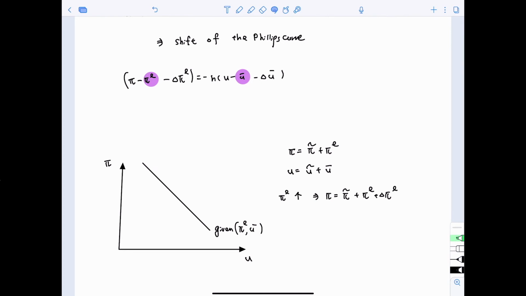Because of that, we can say, given the same level of the U bar, which is the natural rate of unemployment, we are going to have a higher inflation rate for every point on top of the black line. Therefore, the Phillips curve will shift to the right when the expected inflation rate gets increased. It also happens similarly when there is an increase in the natural rate of unemployment.